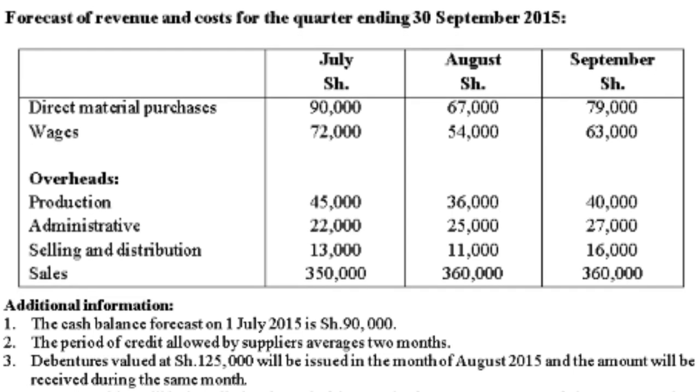Overheads, production 45,000, 36,000, and 40,000. Administrative 22,000, 25,000, and 27,000. Selling and distribution 13,000, 11,000, and 16,000. Sales 350,000, 360,000, 360,000 respectively.